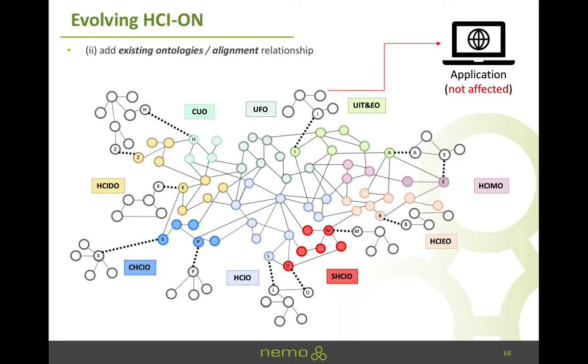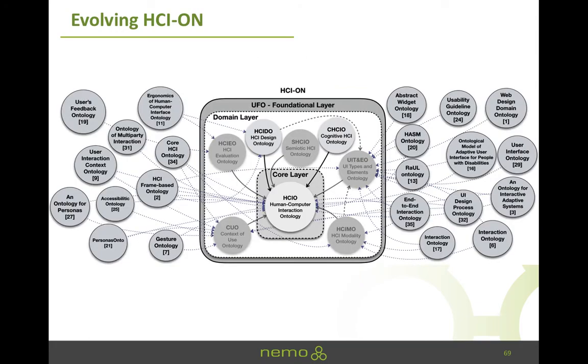And in this case, the application which used the aligned ontology was not affected, since the aligned ontology was not changed. So we aligned the 22 ontologies we found to HCI-ON.